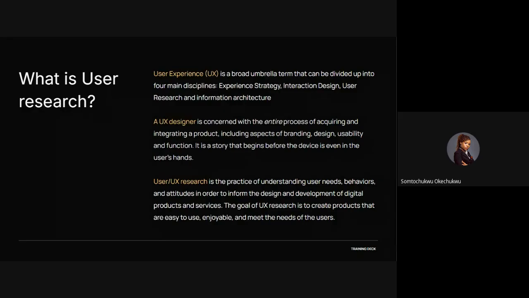The UX designer that worked with the team that developed the phone I'm currently holding, the main goal that designer had in mind was that at a time like this, Melvina is going to be using this product, and it should be something that is easy for her to use.